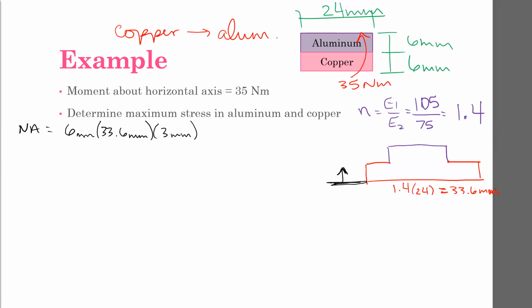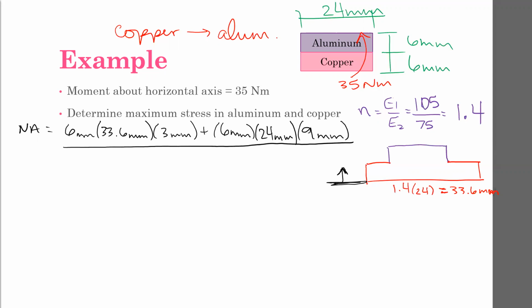The second one gives me the distance to the y bar, plus 6 millimeters times 24 millimeters multiplied by 9 millimeters, divided by 6 times 33.6 plus 6 times 24. I got a little lazy. Those are millimeters squared. And what does that give you for the neutral axis? I believe it gives us 5.5 millimeters.